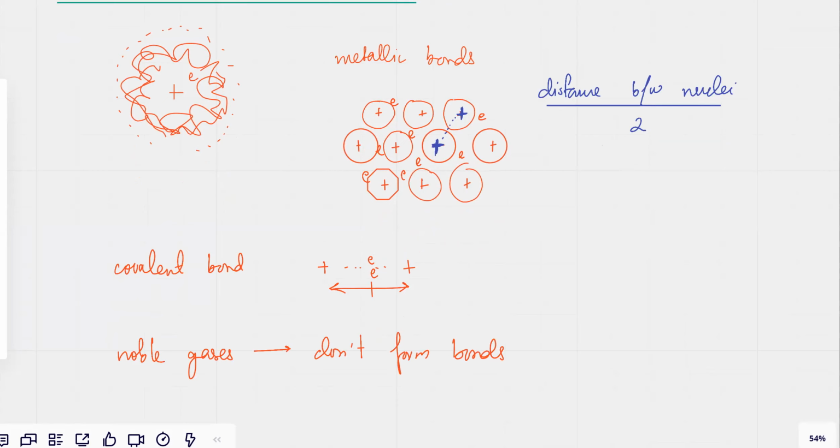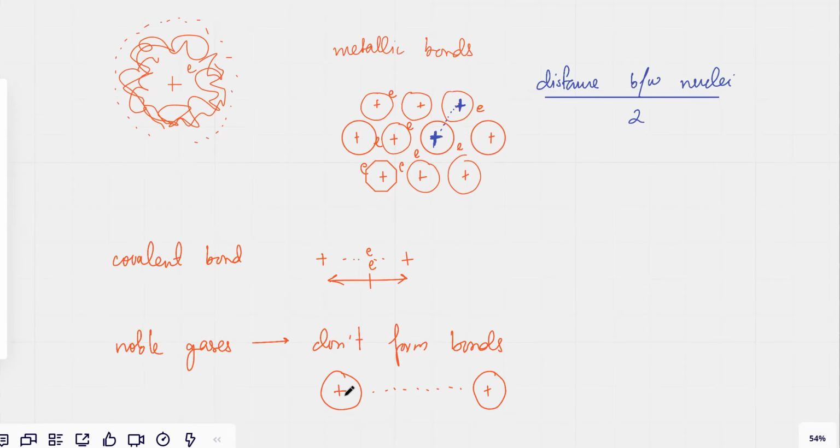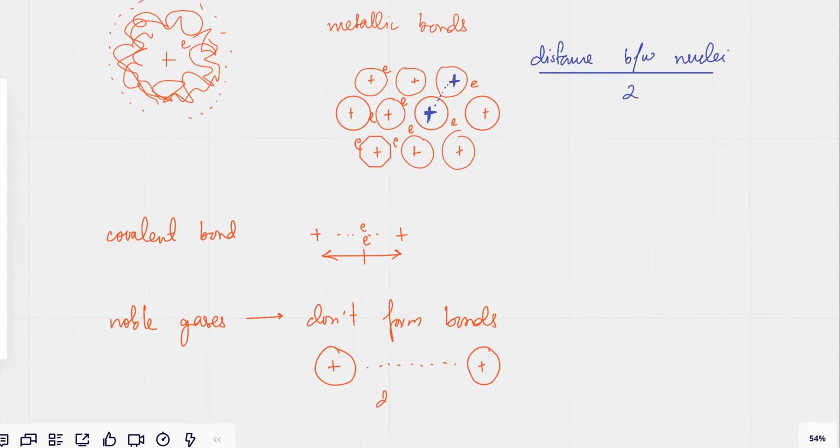So if you have a neon atom with electrons and a positive nucleus, and there's another neon atom, the atoms would be very far away from each other because they're not bonding. If you use the same technique, the distance between the two nuclei divided by 2, you will get a large atomic radius.